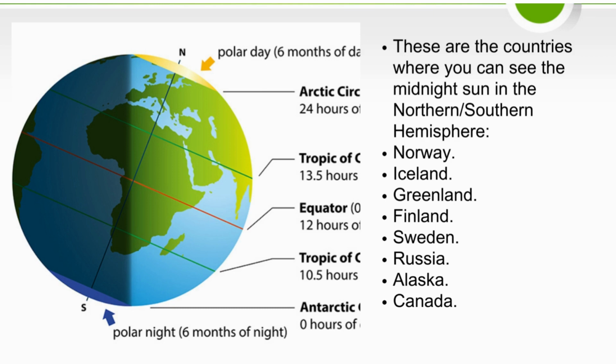So the polar day is located at the North Pole on the globe, and the polar night is located at the what? South Pole of the globe. The country that experiences polar night does so as a result of inadequate reflection of light at the particular point of the country.